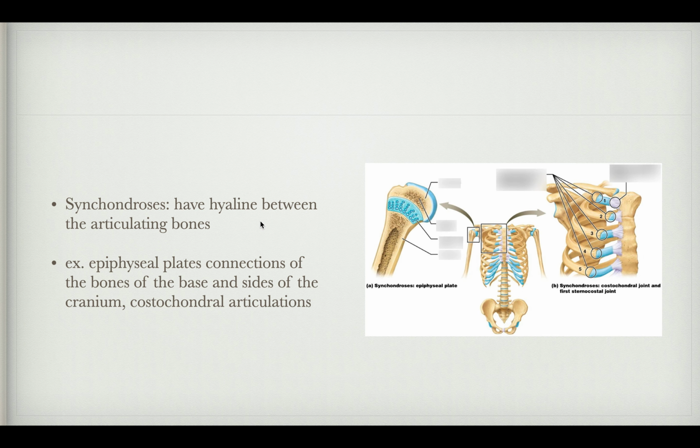Synchondroses have hyaline cartilage between the articulating bones, and they're found in the epiphyseal plate right here, and the bones of the base and the side of the cranium, and the costochondral articulation, right here.